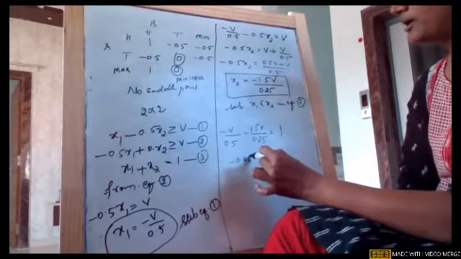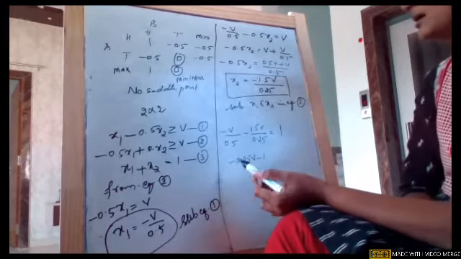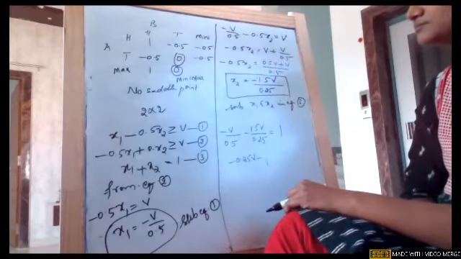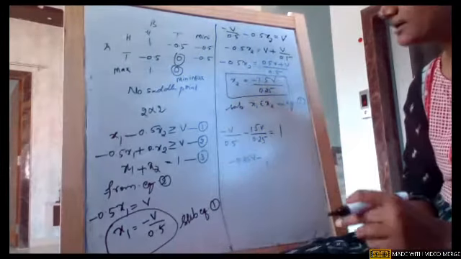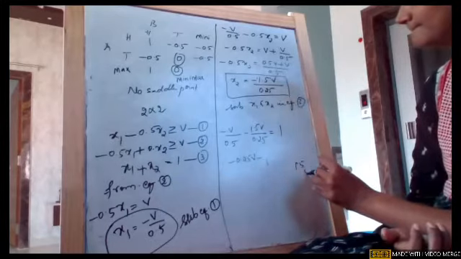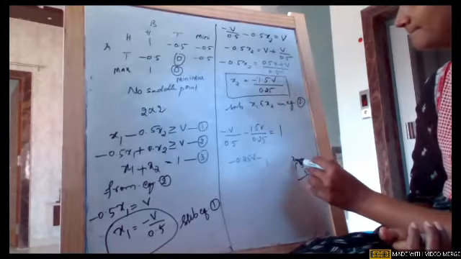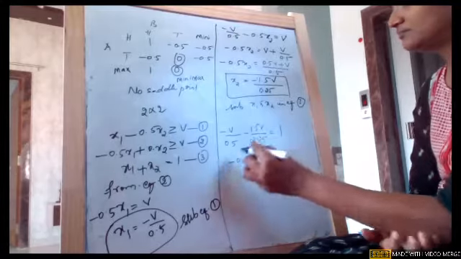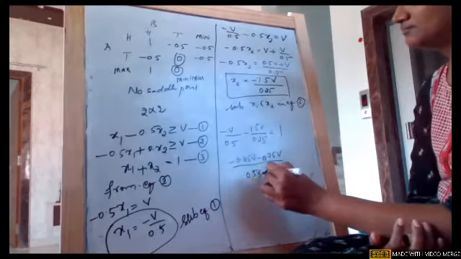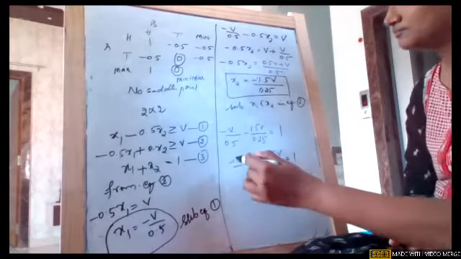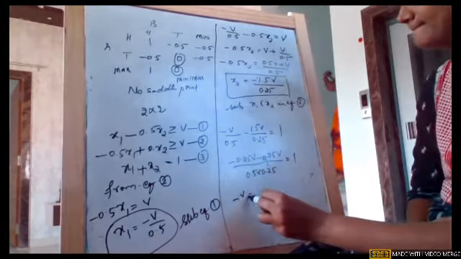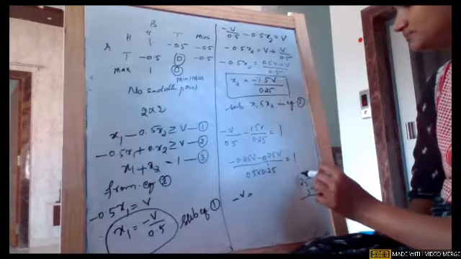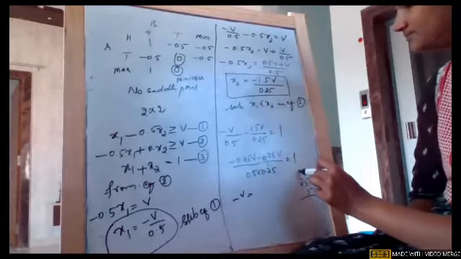So minus 2.25v minus 1. 15 into 5, 15 fives are 75. 25 into 5 is 125.